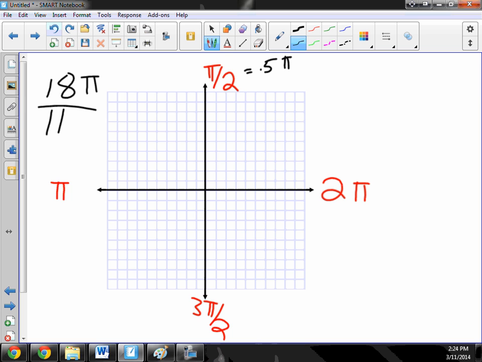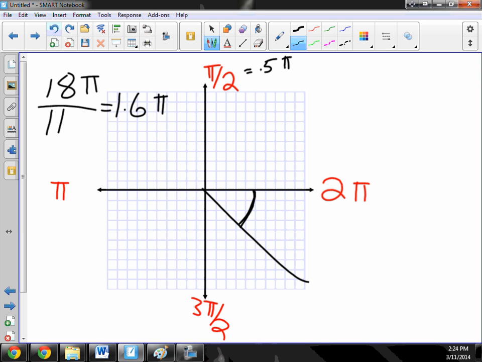So 18 over 11, what is that as a decimal? So this is 1.6 pi. Where does 1.6 pi land? Quadrant 4. So this is the reference angle. So, hey, we'll talk about pi day another time.